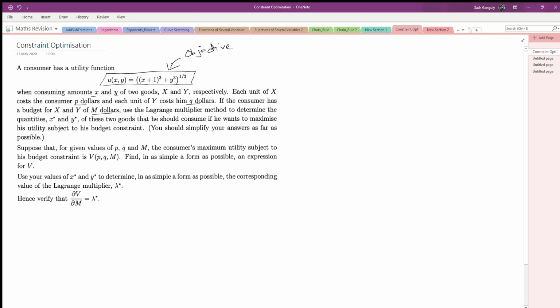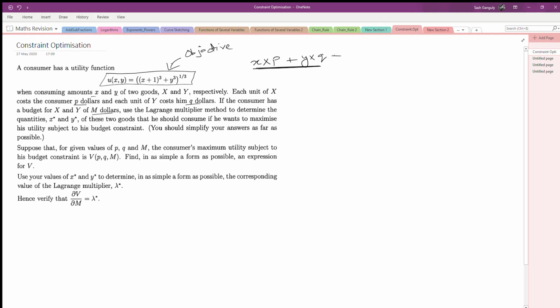I have a budget of $M, but what is the total amount of spending I can do? I can consume X quantities, and each quantity of X costs me P dollars. For Y, I can consume Y quantities, and each quantity of Y costs Q dollars, right? So that would be my total spending.